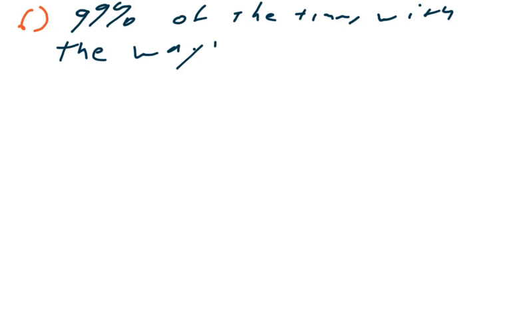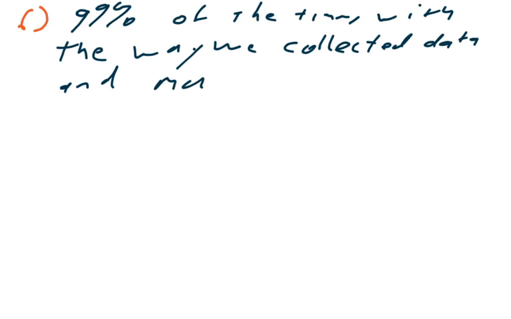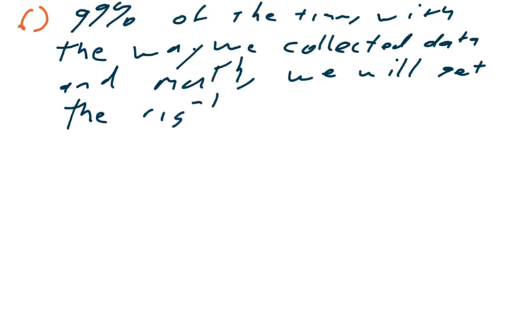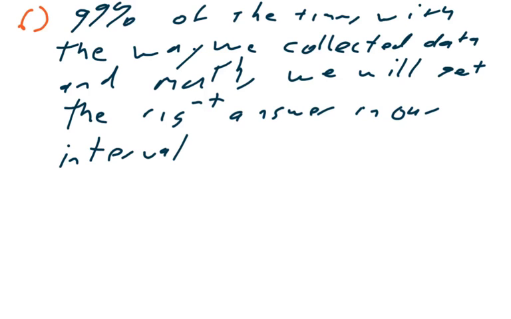It means that 99% of the time, with the way we collected the data and did the math, we will get the right answer in our interval 99% of the time.